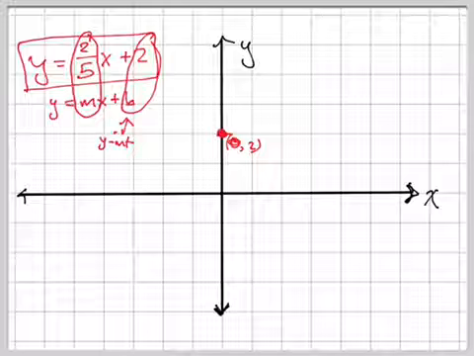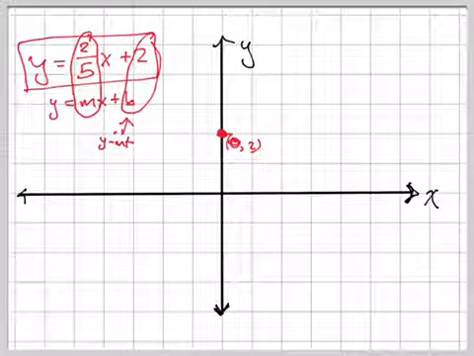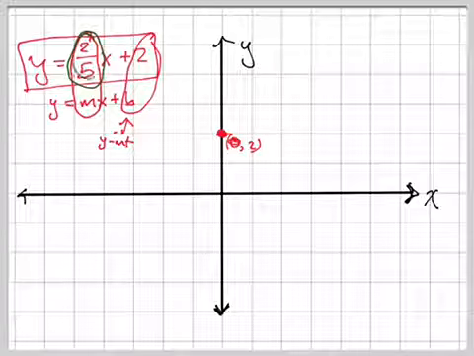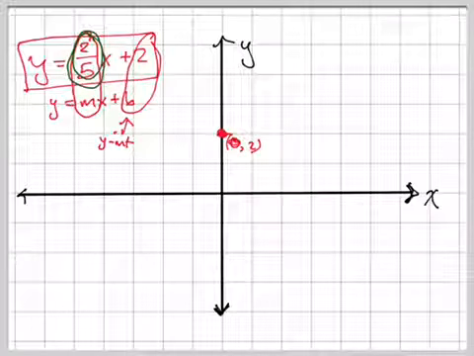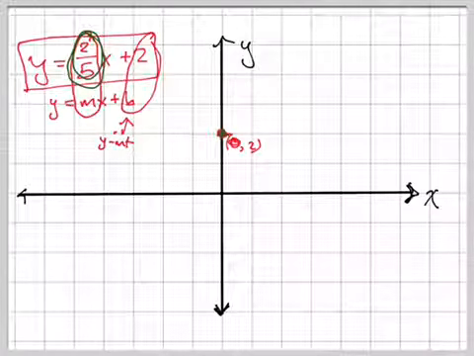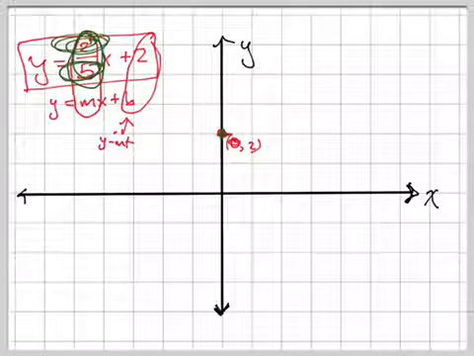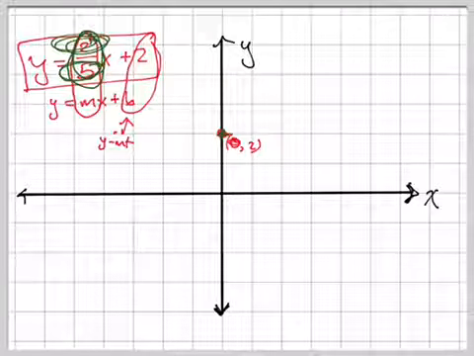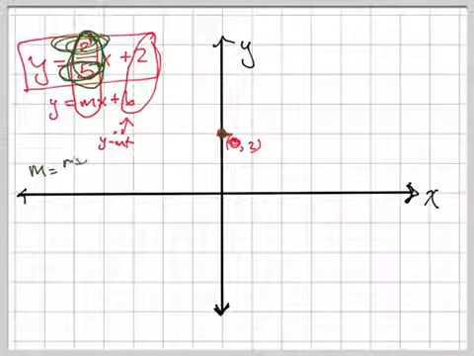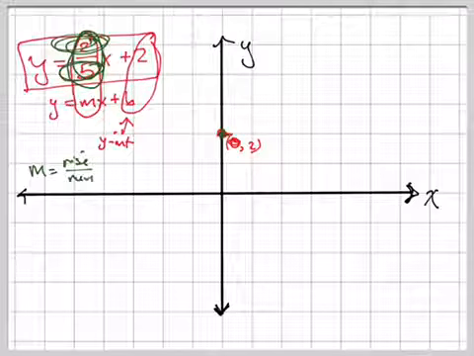And then take your next point. I'll do this in green. Your next point that you're going to find, you're going to use the slope to find it. Start at that point and go up 2, that's your rise, over 5. Slope, if you remember before, is the rise over the run between any 2 points.